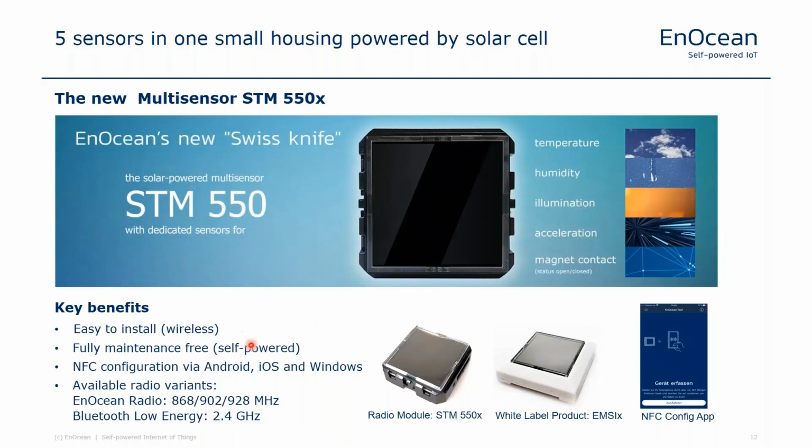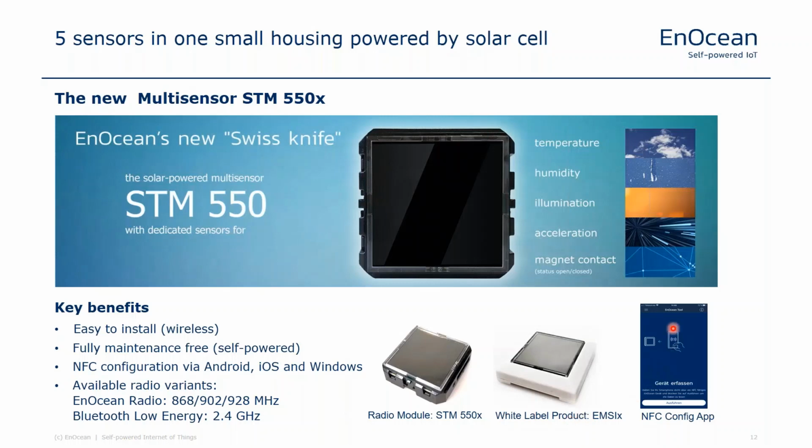It's quite easy to install. It's fully maintenance free, and no battery change is necessary. Also a highlight is NFC configuration, so wireless configuration, because you see a lot of features, and a lot of configuration is possible. There's a standard configuration, but you can change it to a lot of different applications and features.